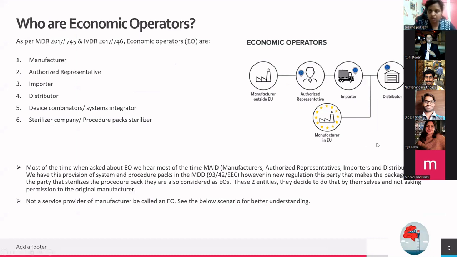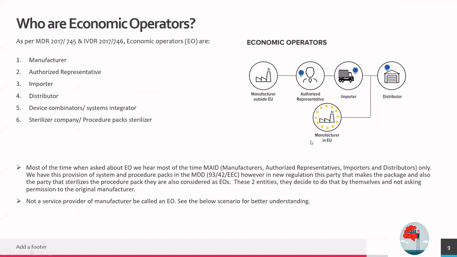So we had this provision of system and procedure packs in the MDD. However, in the new regulation, the party that makes the package and the party that sterilizes the procedure packs are also considered economic operators. These two entities decide to do that by themselves, not asking permission from the original manufacturers. Then only they can be considered economic operators.